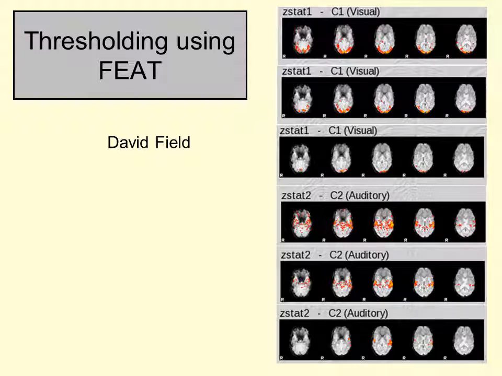These images on the first slide represent the same contrast. It's actually one of the contrasts you did in the week 2 workshop: the visual contrast versus baseline. Each of these three is the same data thresholded at three different thresholds.